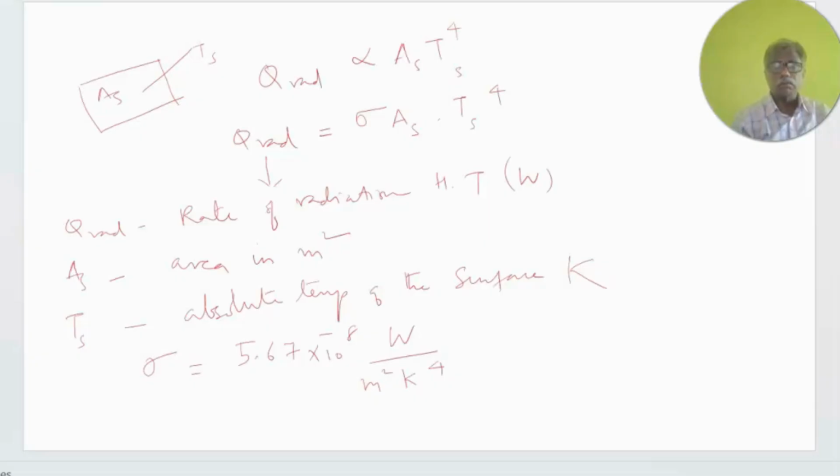This is sigma. Now, if you assume that there is a big enclosure and we have a small surface here, emitting radiation heat transfer in all directions, for this case Q is written as sigma into As into Ts power 4 minus T infinity power 4, where the surface temperature is Ts and the surrounding temperature is T infinity.